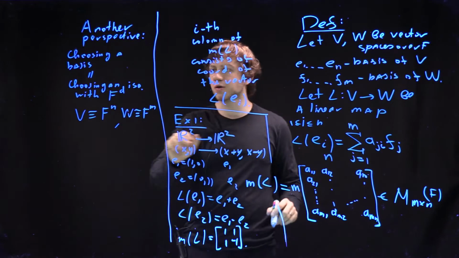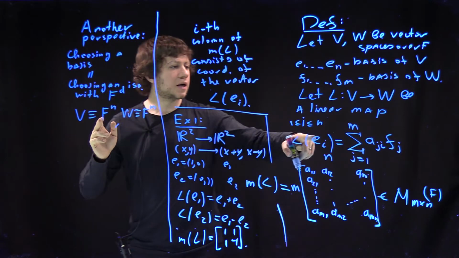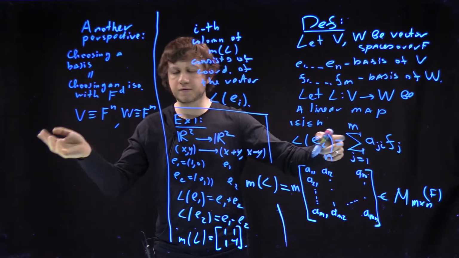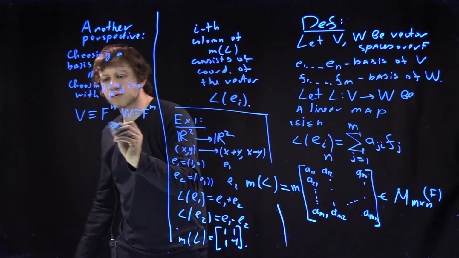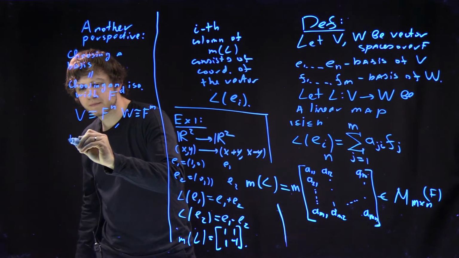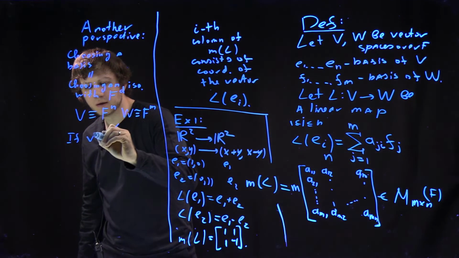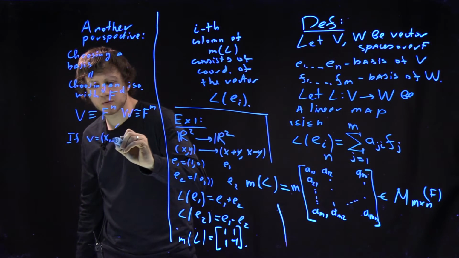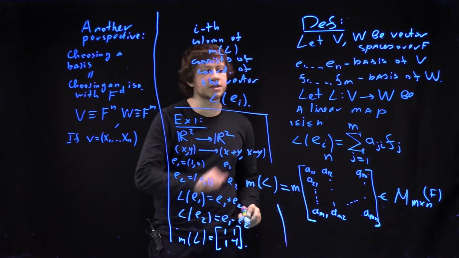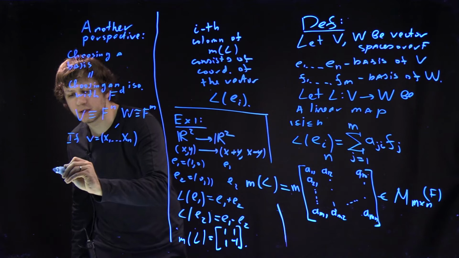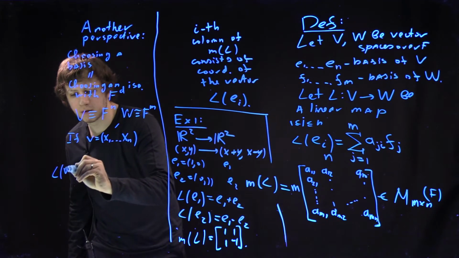After that, of course, we can think of the vectors e_i as just vectors with 0s and 1s, and every vector has some coordinates. So if v has coordinates x1 up to xn, then here is how you compute the coordinates of L of v.